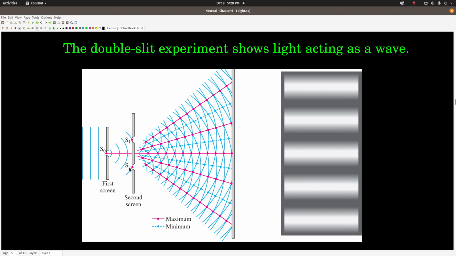Where those waves overlap, if we have two peaks overlapping, we get constructive interference. If we have a peak and a trough overlapping, we get destructive interference. And so by the time it hits this wall over here, we see this pattern. So this is proof that light, or electromagnetic radiation, acts as a wave.